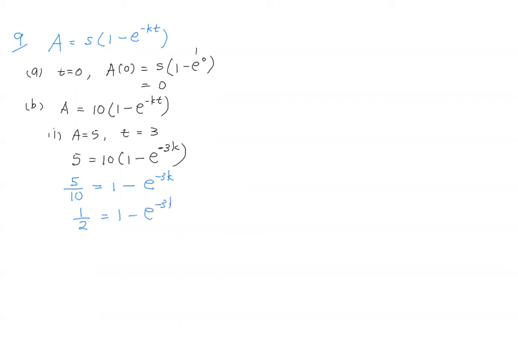Christopher, can you help me? Move the 1 over. Minus. Then what should I write on the right hand side? Actually we cannot put positive, because here is a minus.